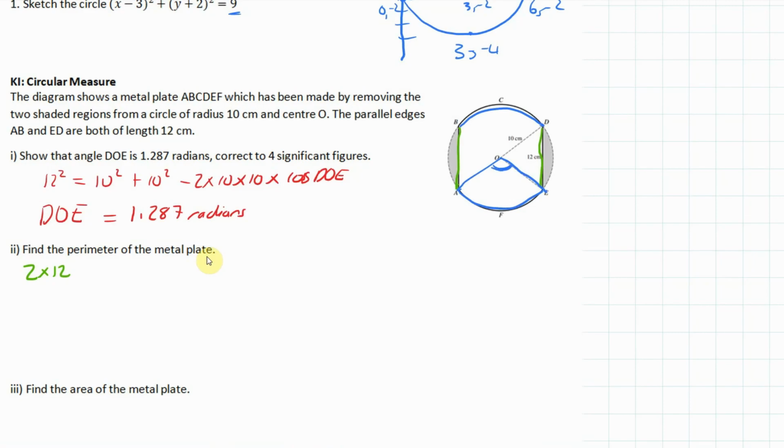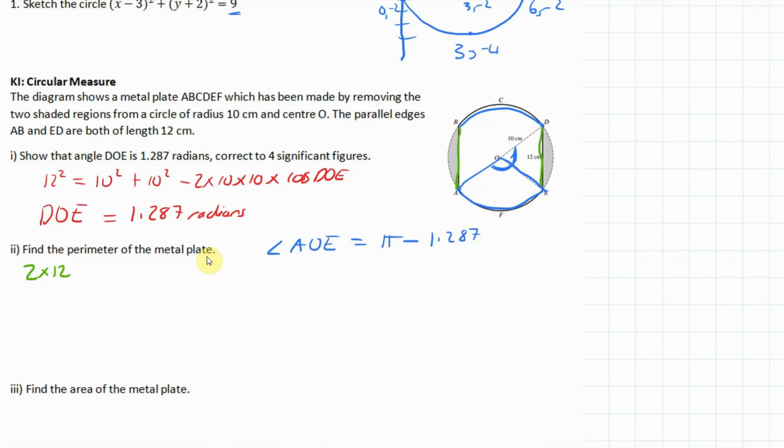So if we can find this angle here, we can find the arc length. Well, we know what this angle here is. So if we take it away from pi, we'll get angle AOE. So angle AOE is equal to pi subtract the 1.287 radians that DOE is.